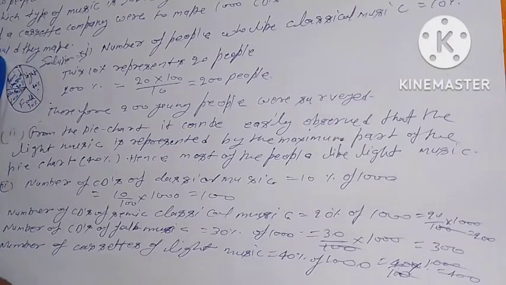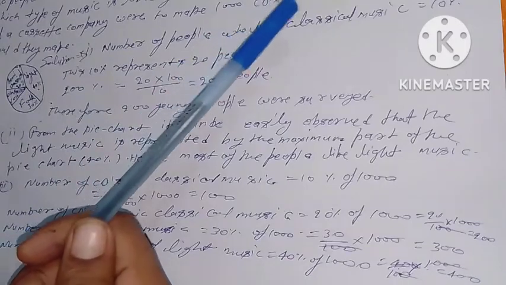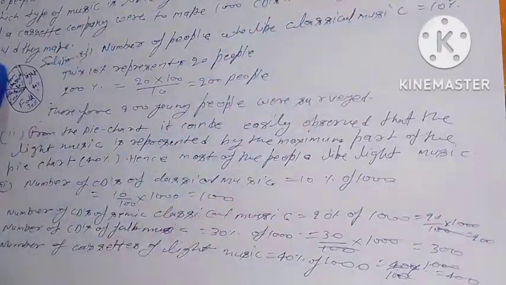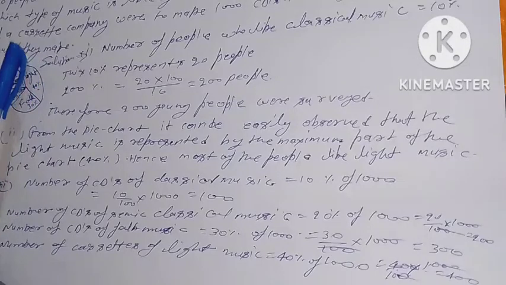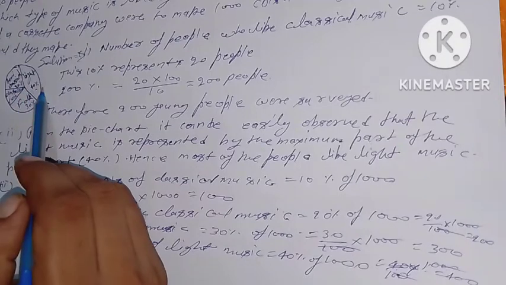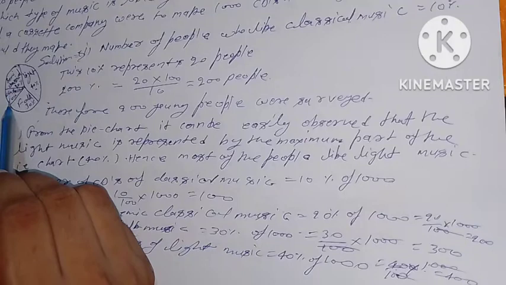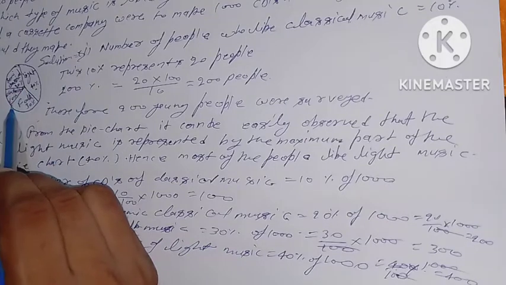Third question: if a cassette company were to make 1000 CDs, how many of each type would they make? Light music cassette is 40% of 1000, semi-classical music is 20%, classical is 10%, and folk is 30%.